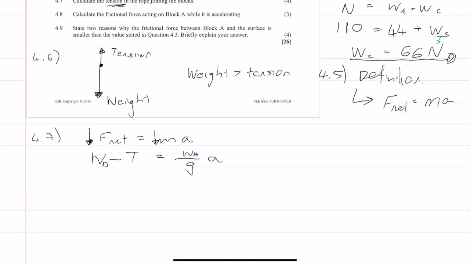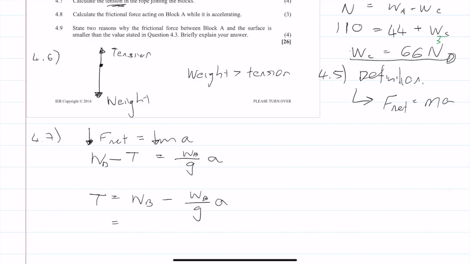This form is just easier for us because we don't know what the mass is. So to calculate the tension, taking the tension to the right hand side, we're left with the weight of B minus the weight of B divided by gravity times the acceleration.